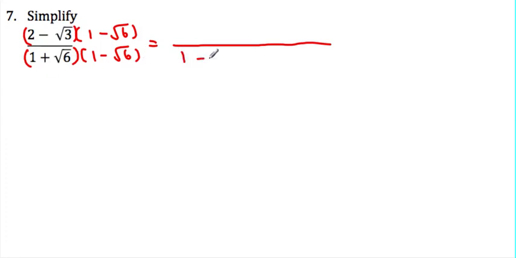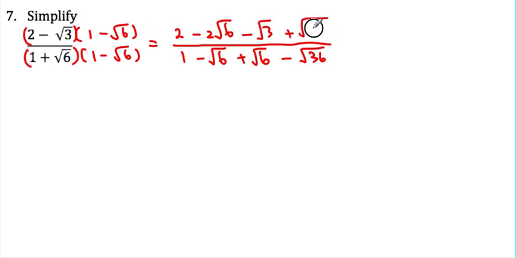Here we get minus radical 6, and here we get plus radical 6, and then minus radical 36. Here 2 times 1 becomes 2, and minus 2 times radical 6, 2 radical 6, and negative 3 times 1 becomes minus radical 3, and then the last, it becomes plus square root of 18.